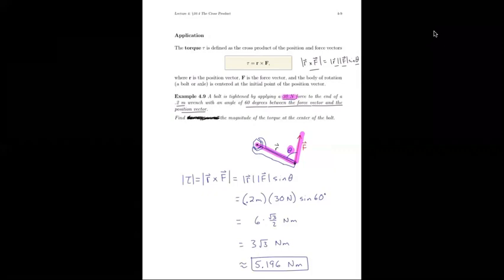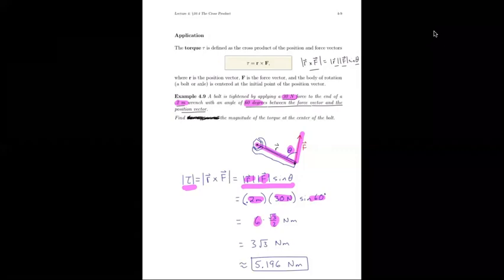The magnitude of F is 30 newtons, the magnitude of R is 0.2 meters, and theta is 60 degrees. There's not a whole lot of work to do here. We want the torque, so we use this formula because we know the angle theta. We know R's magnitude. We know F's magnitude. Sine of 60 is √3/2.